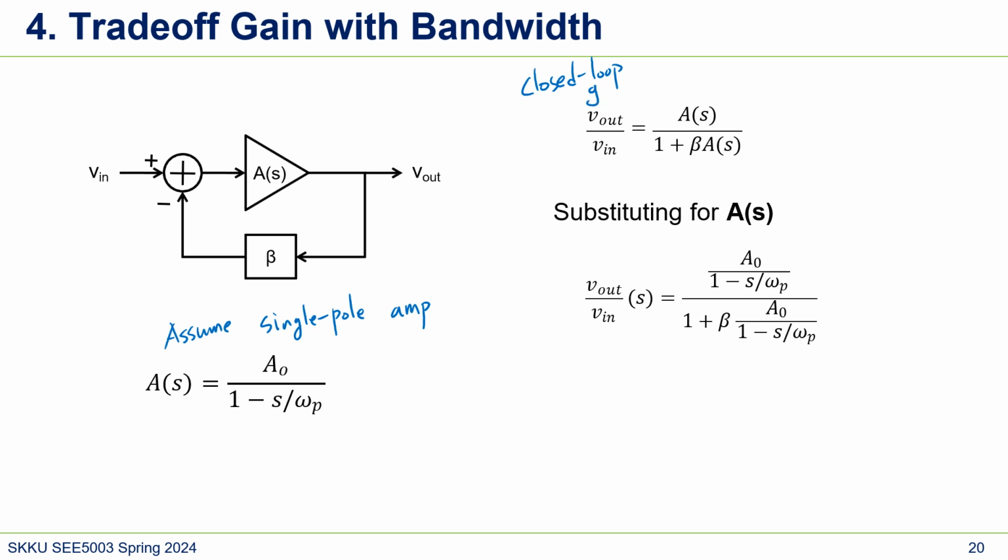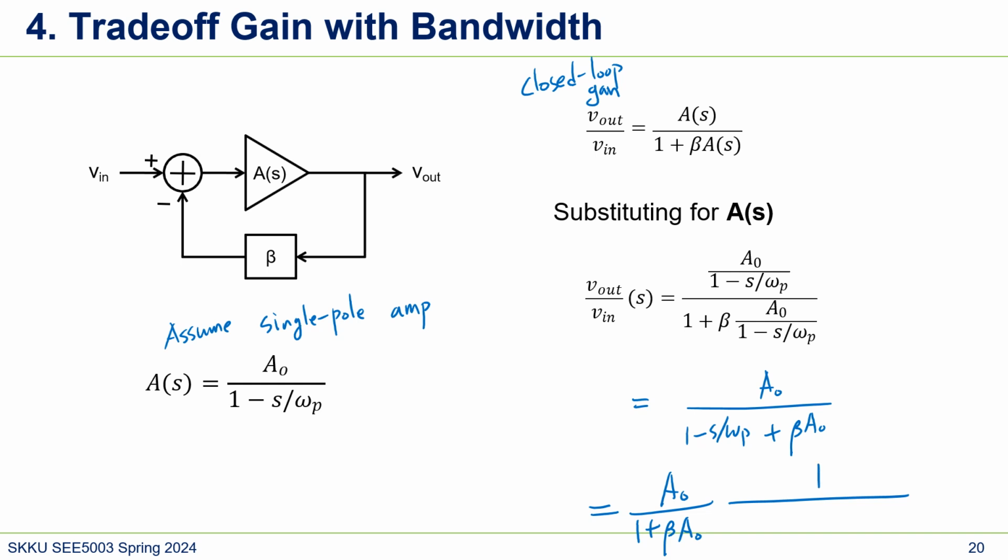We can represent it like this, and just substitute A of s into this equation, then we get this. If we do some math, multiplying by A0, 1 minus s over WP plus beta A0, and then some more calculation, it will look like A0 over 1 plus beta A0, and here's the important part, 1 minus.